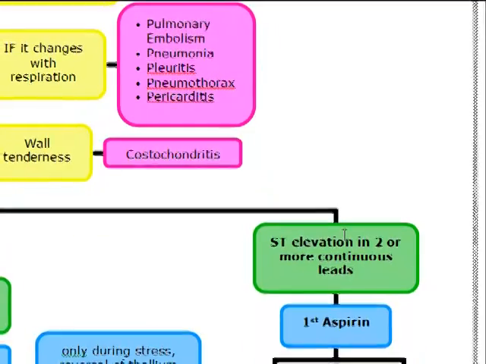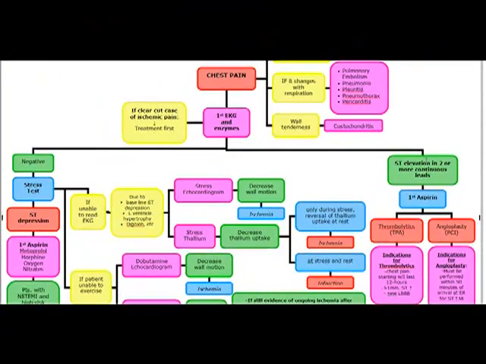Now, if the cardiac enzymes are positive and the EKG shows an ST depression, this is known as an N-STEMI, or a non-ST elevation MI. How are you going to distinguish between an ST depression due to unstable angina versus an ST depression due to a non-STEMI?